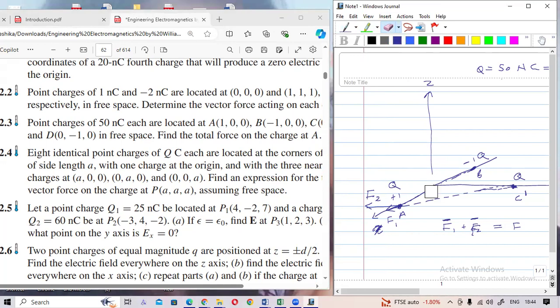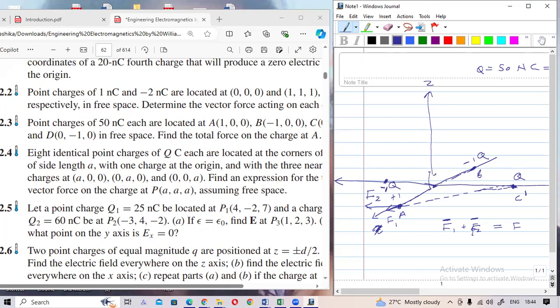I'm sorry, I missed it. There is a D charge. That means this is in the minus Y direction. The X-axis is 0, the Y-axis is -1, and the Z-axis is 0.